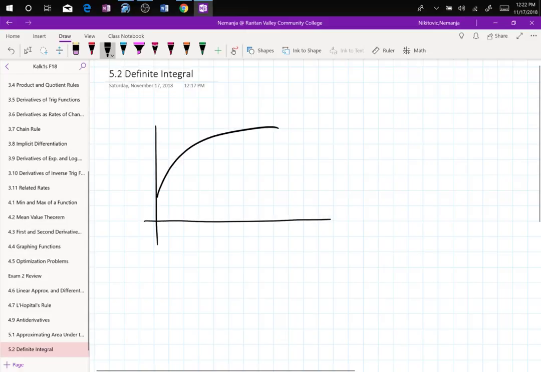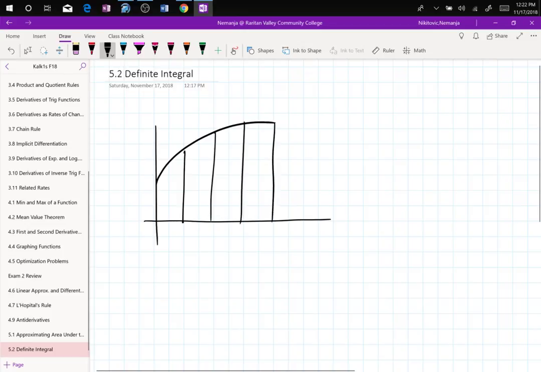So say I have this function f of x, and I have these rectangles. If I use left rectangles, we get a certain approximation.